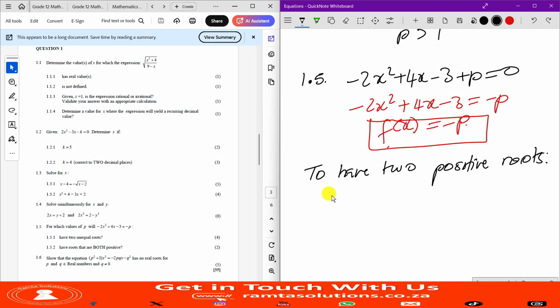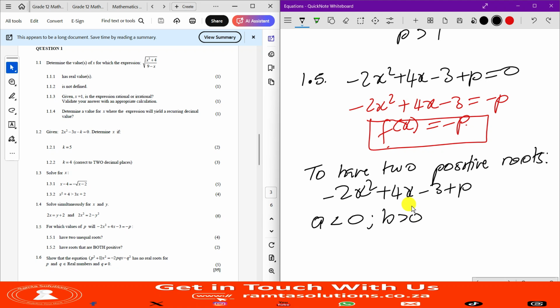I want us to note this. Remember, we have negative 2x squared plus 4x minus 3 plus p. Here, a is negative. Now if a is negative, we can also see that b is positive.